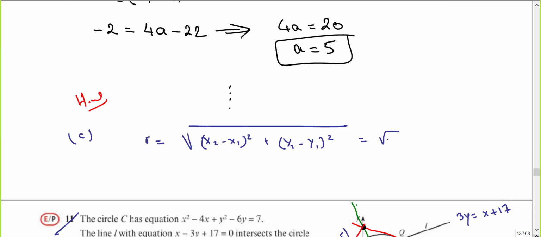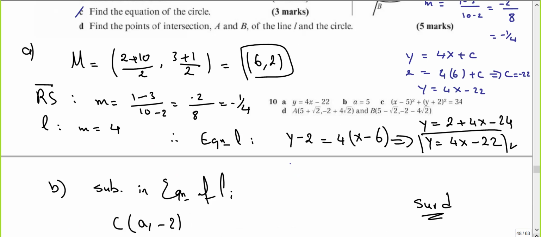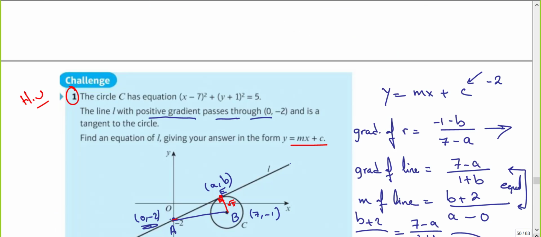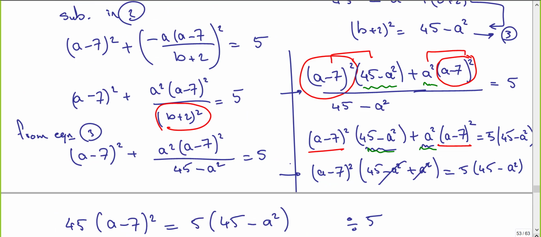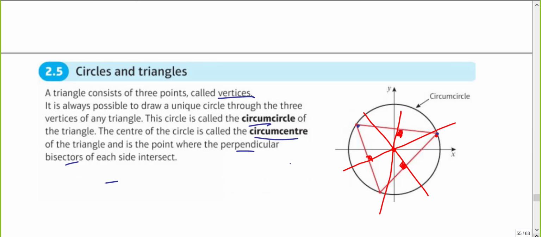You'll see that it's radical 34, which means the equation will be (x minus 5) whole power 2 plus (y plus 2) whole power 2 equals root 34 power 2. And the rule is r squared. Okay? And that's it. Clear? I think this is it for this point.